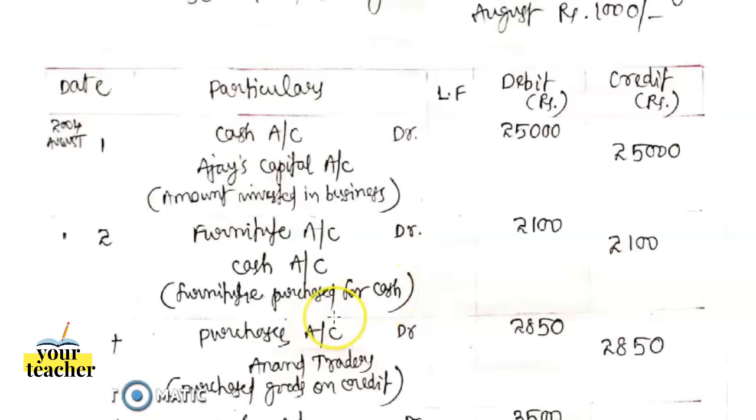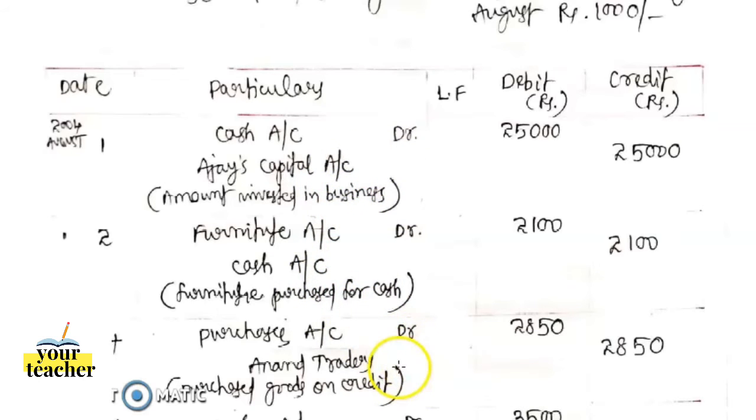Now the next transaction is purchase of goods from Anand Traders for 2,850. Purchased goods is whatever comes in, and here cash is not mentioned. Only where cash is mentioned do you represent it as the cash account.